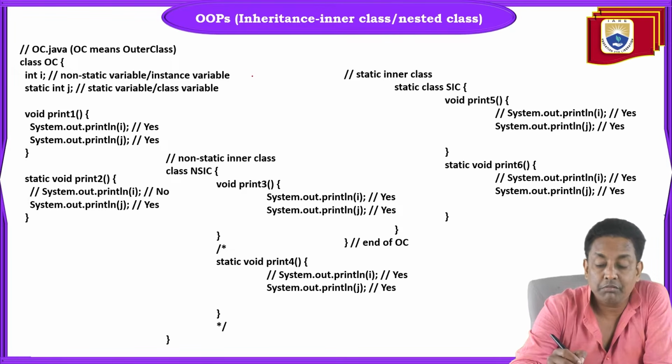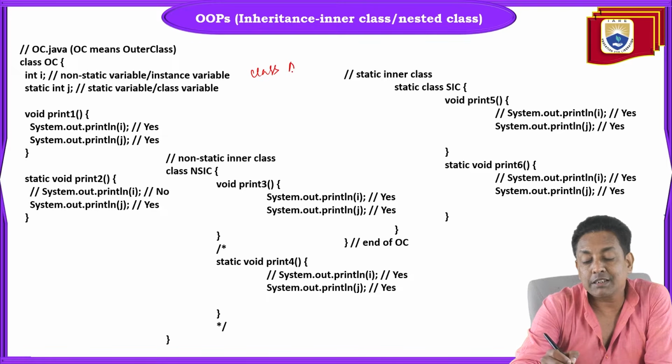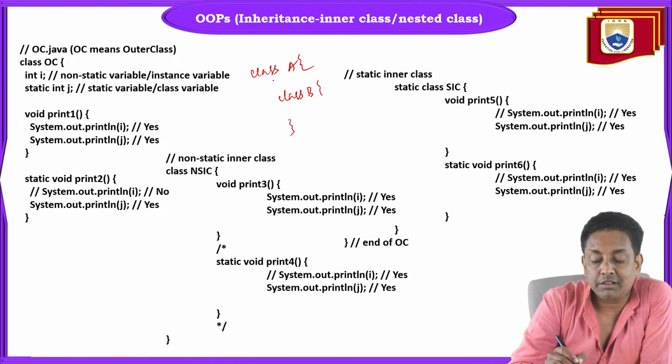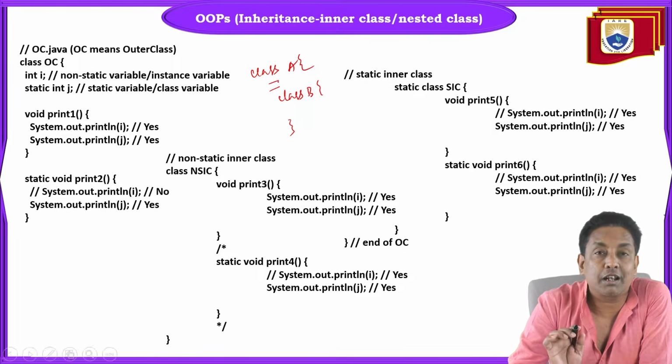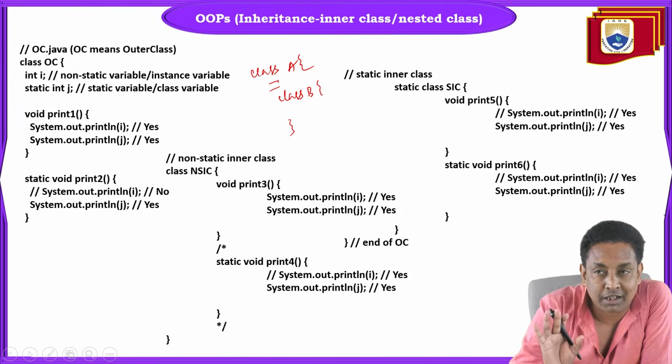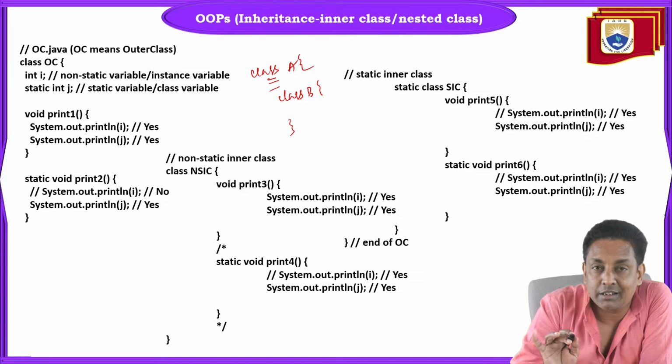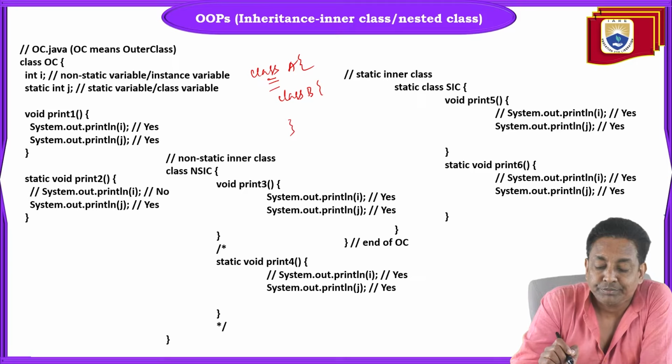In my view, if you write a class inside a class, what are the members of a class? Variables and methods are the members of a class. Variables, constructors, and methods are generally treated as class members.